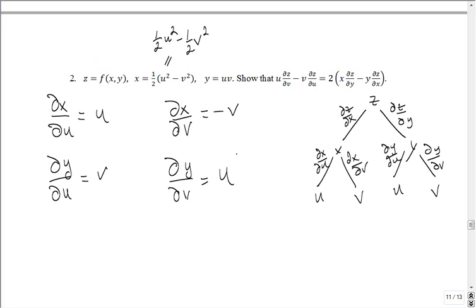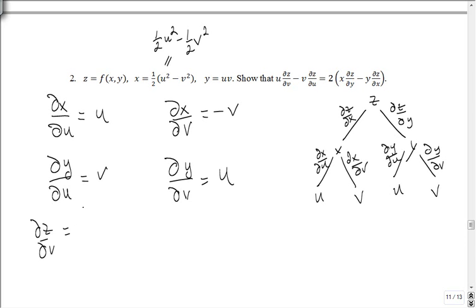Now we can find what is on the left, sorry. So let's first find these partials. Partial z with respect to v. So let's follow. You're going from z to the v's twice, right?